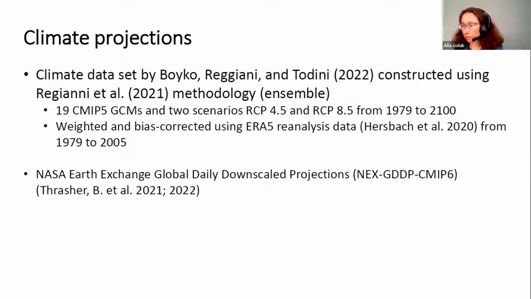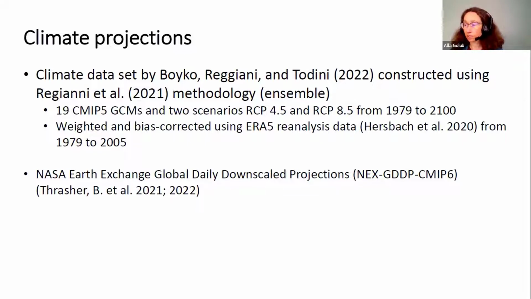Climate projections. These are inputs into the hydrological model. Daily temperature and precipitation variables are critical inputs in the hydrological model to project the availability of water resources in the future. We use two data sets to obtain projections of these variables.